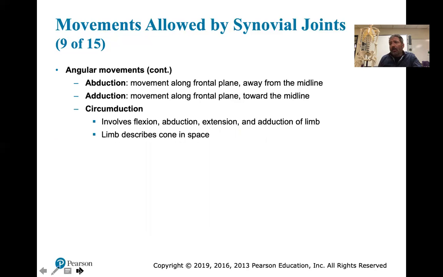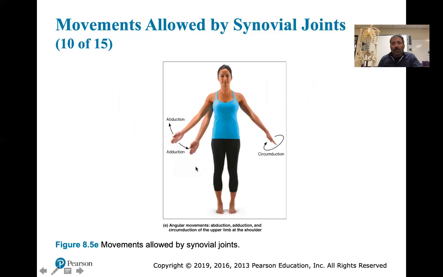You can also do circumduction with your hip. A lot of us have super tight adductors, adductor magnus. Sometimes the gracilis can be overly tight, and it can reduce the amount of circumduction you can perform. So there's circumduction, abduction, adduction.